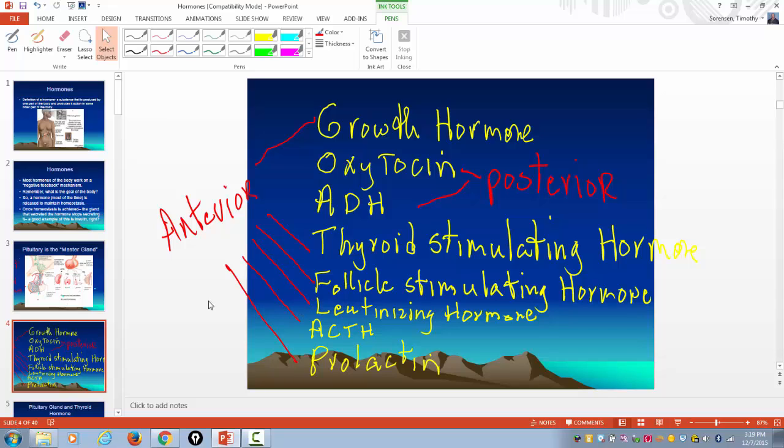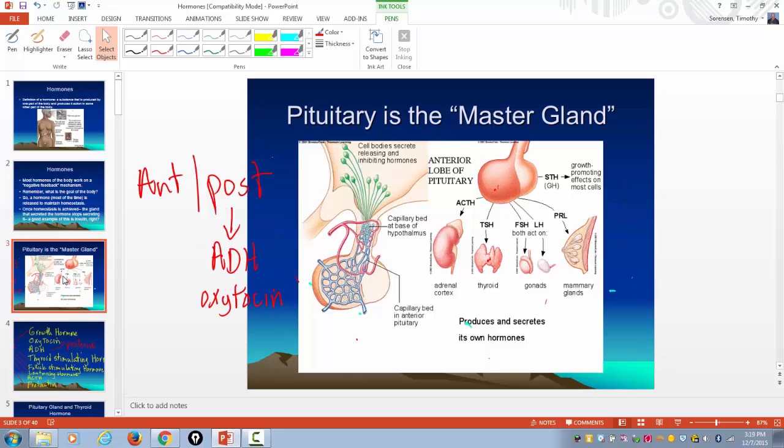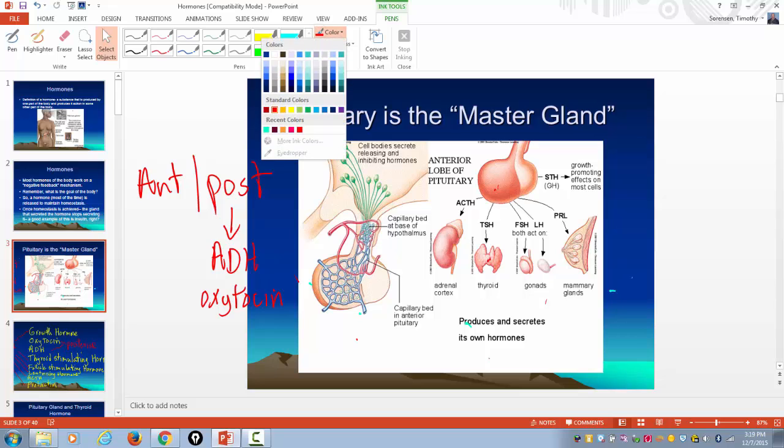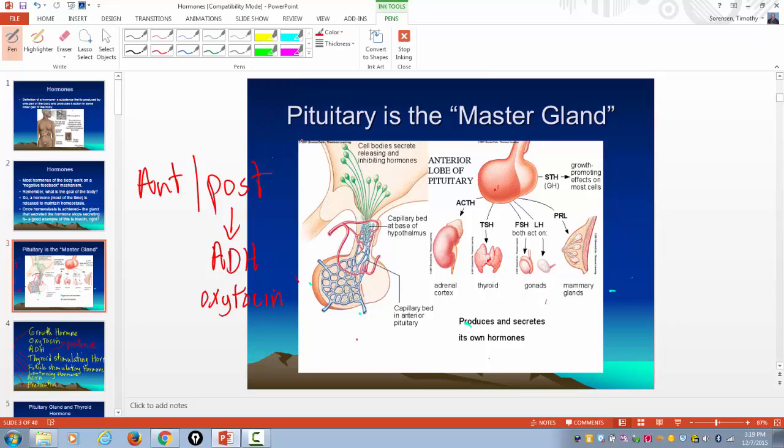So let's do a couple of things first. Number one, the hormones that are released by the pituitary gland, a lot of them, especially the anterior ones, have effects on other glands of the body to release their hormone. So an example would be ACTH.